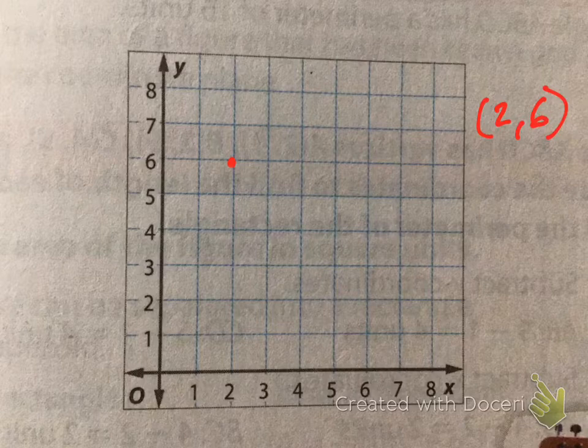Then we have 2, 9, which goes up there. We have 6, 9, which is here. We have 6, 6, which is here. 5, 5, and 3, 5. So as we see, this makes an interesting shape here.